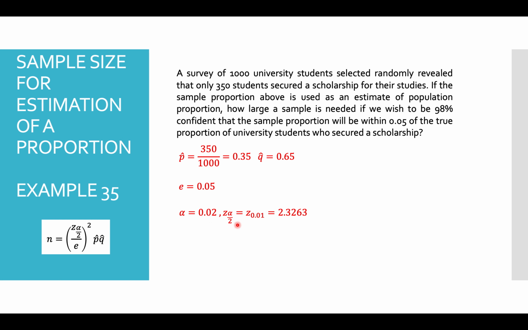So z alpha over 2, which is z 0.01, is 2.3263. Then we substitute into the formula, and we get n equals 492.46. You need to round up, so the sample size will be 493.